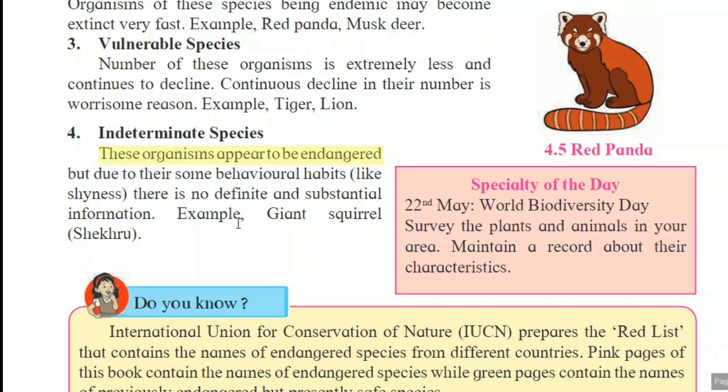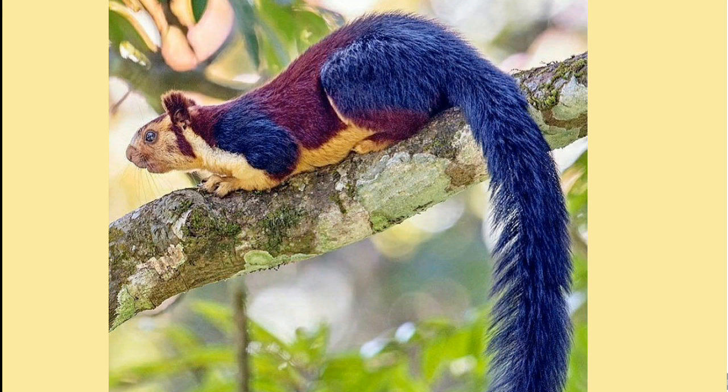But due to mining, due to deforestation, all these activities affect them. और उनका स्पेशल बिहेवियर जैसे शाइनेस, जल्दी से वो हाइड हो जाते हैं या जस्ट चेंज द प्लेसेस. So these are the behavioral habits and due to that there is no specific information about this species. Example, giant squirrel, that is the shrew.